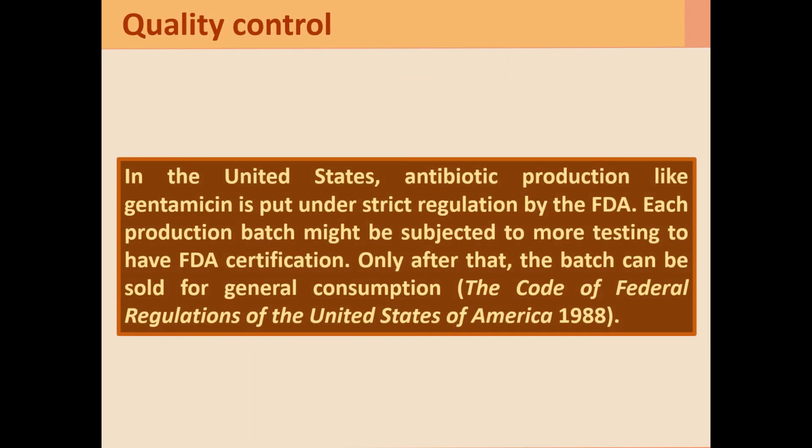Especially in the United States, antibiotic production like gentamicin is put under strict regulation by the FDA. Each production batch may be subject to more testing to have FDA certification. Only after that, the batch can be sold for general consumption.